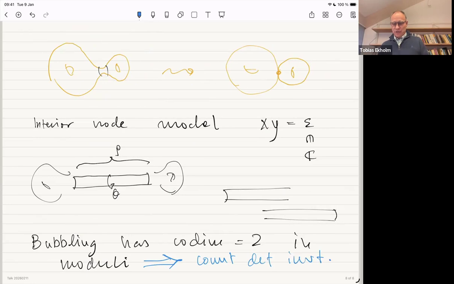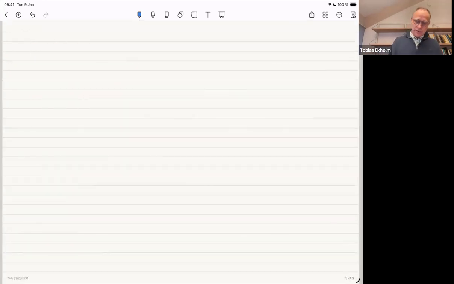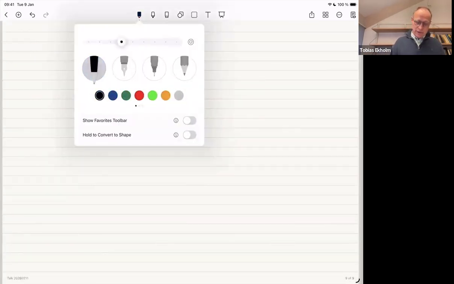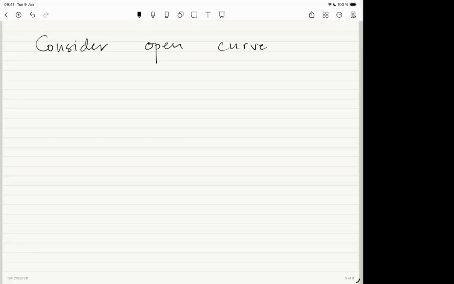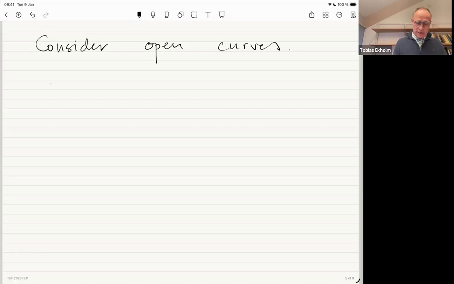Okay, very good. So now let's move to the real case, the case with boundary. So repeating, now consider open curves. Again, we can take this dimension. The dimension of M, as we saw, was 0.